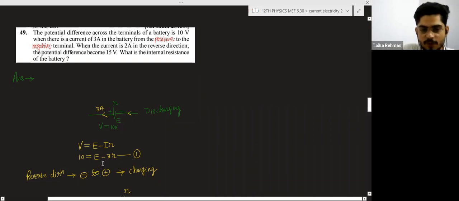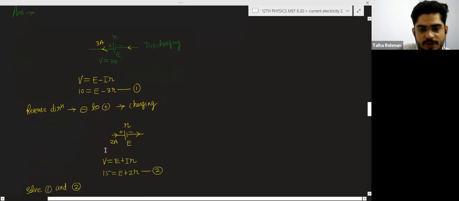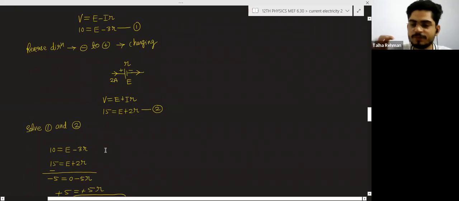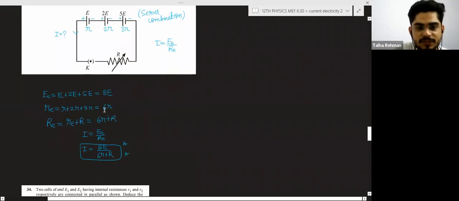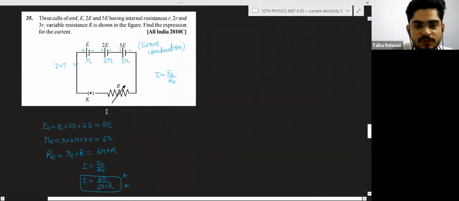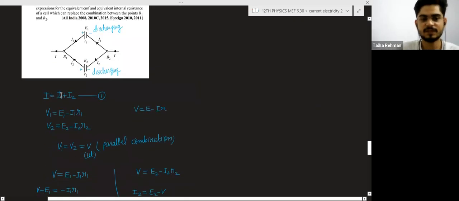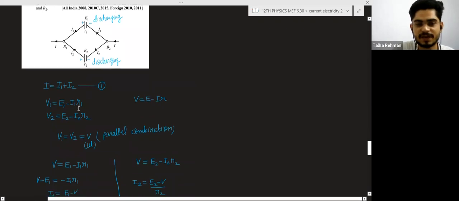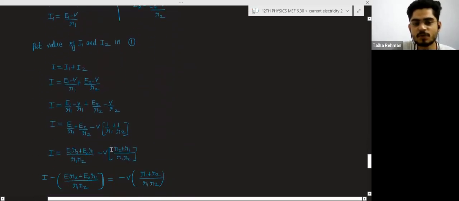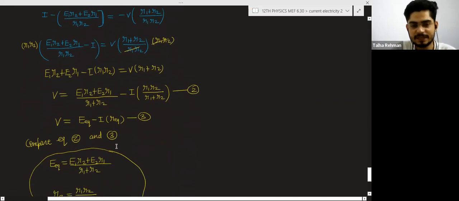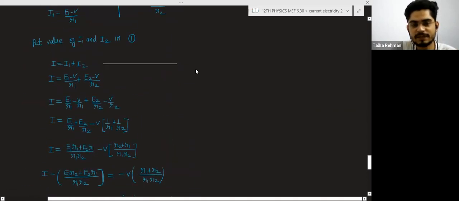You already know this formula. You already know all the formulas. You cannot say to me that you do not know any formula. This question is easy. You already know how current is divided, this formula, this formula. I have not applied any new formula, but the part of the question is calculating here.